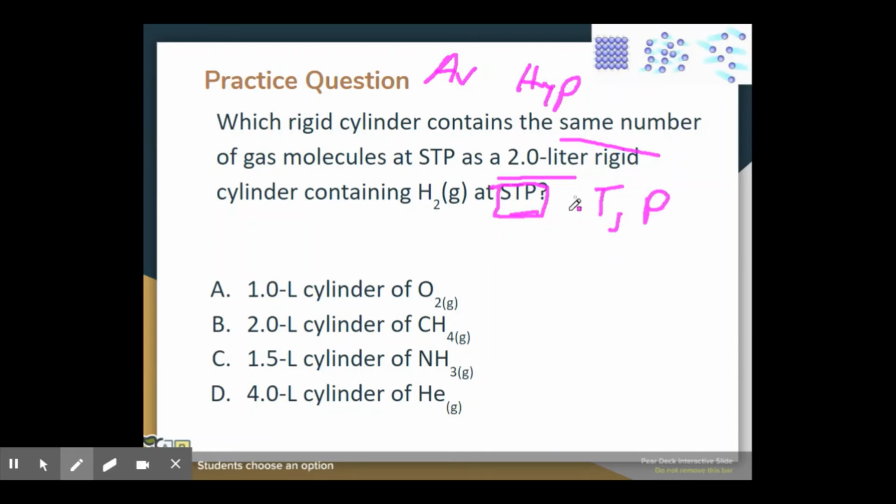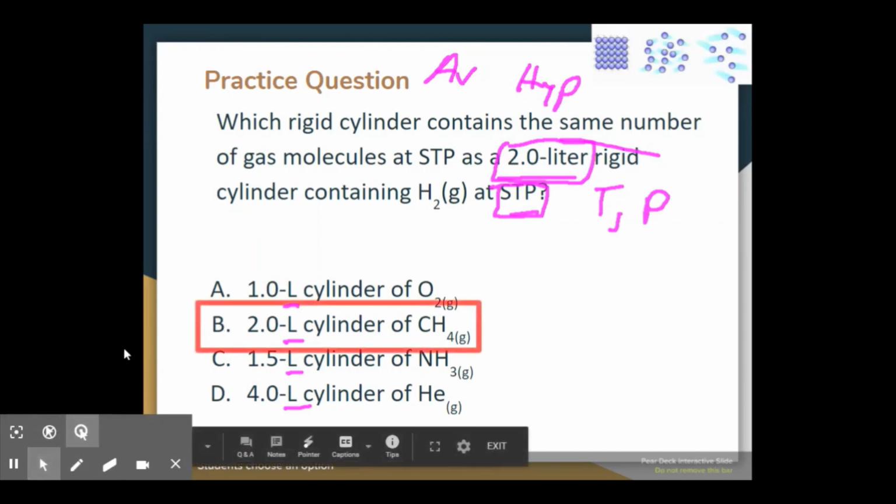So since we only have temperature and pressure here, your other hint is that they've given you the volumes. So to answer this question, you're looking at the option that has the same volume as the hydrogen gas. Since the hydrogen gas has 2 liters, the answer, according to Avogadro's hypothesis, would be B.